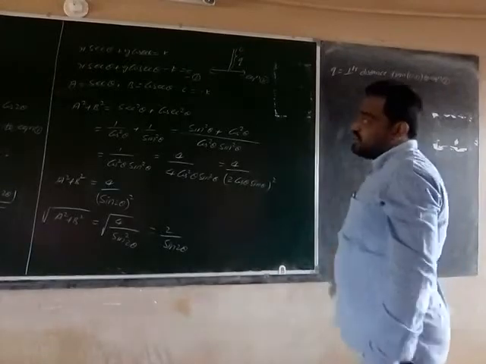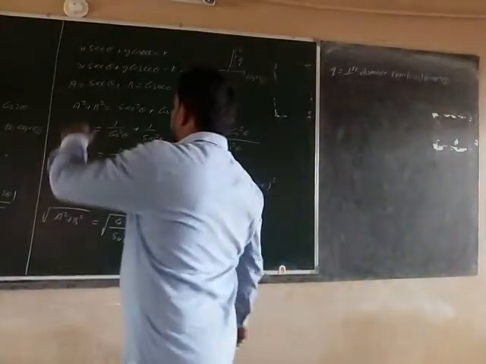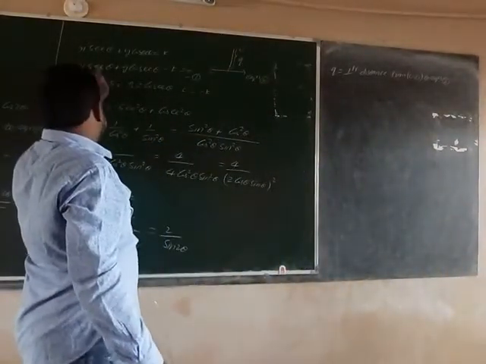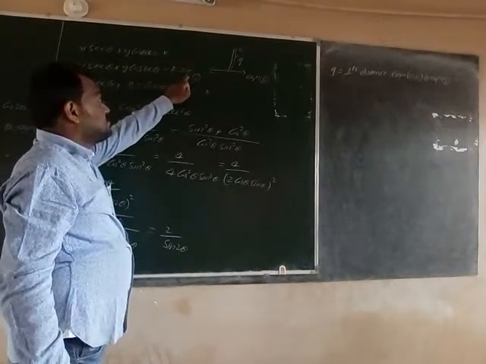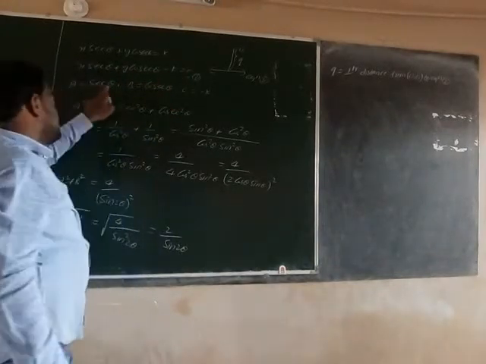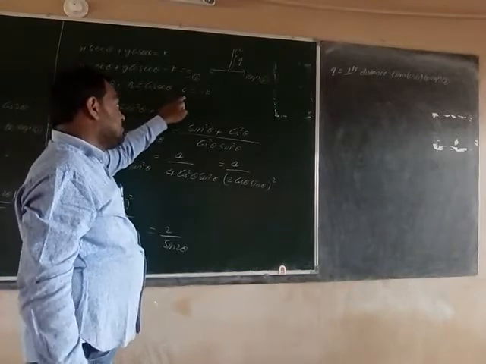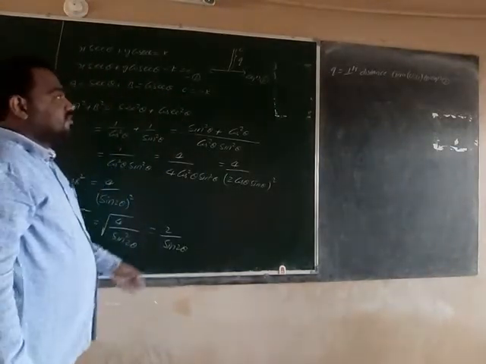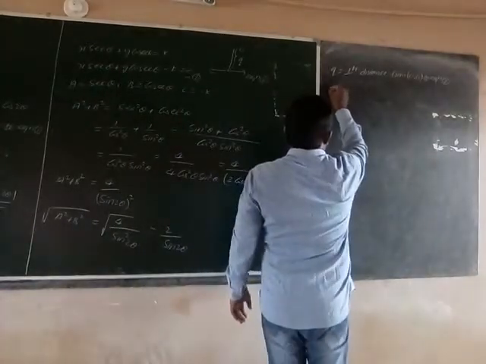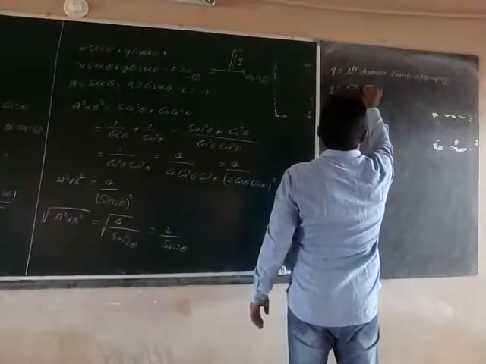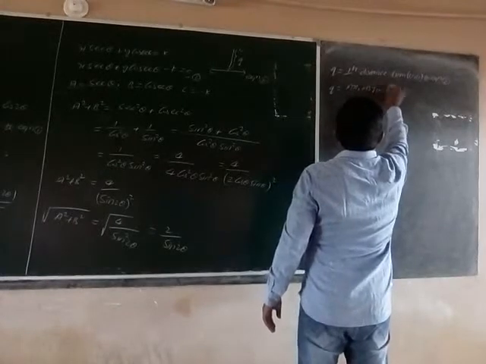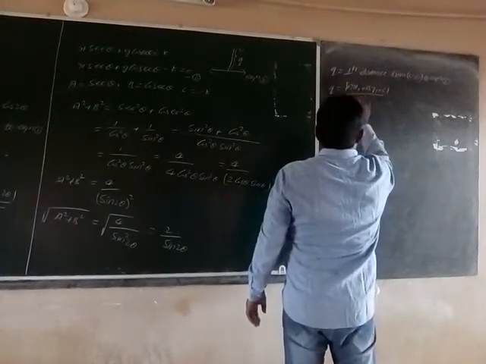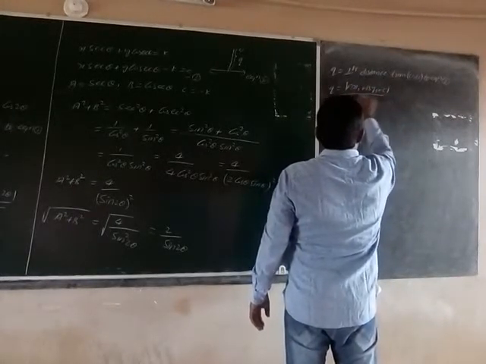What is equation number 2? X secant theta plus y cosecant theta minus k equals 0. Here a value is secant theta, b value is cosecant theta, c value is minus k, and x1, y1 is 0, 0. So q is equal to the formula mod of ax1 plus by1 plus c by the square root of a square plus b square.